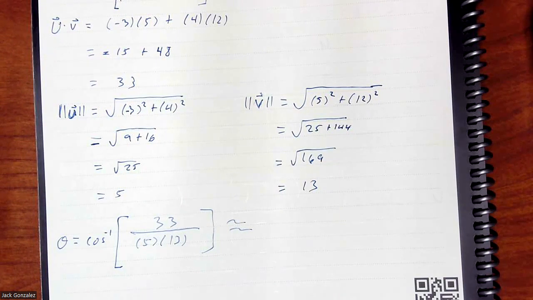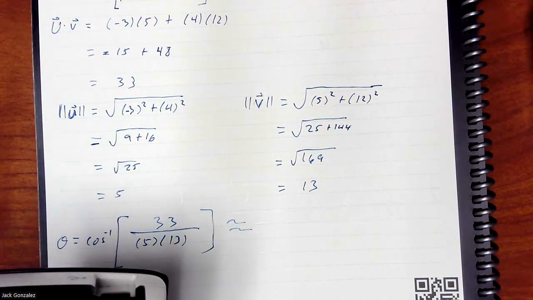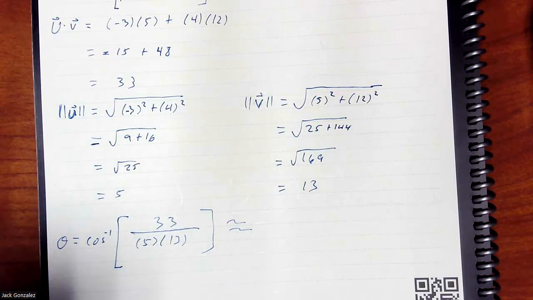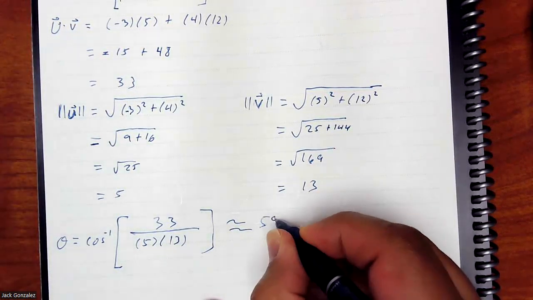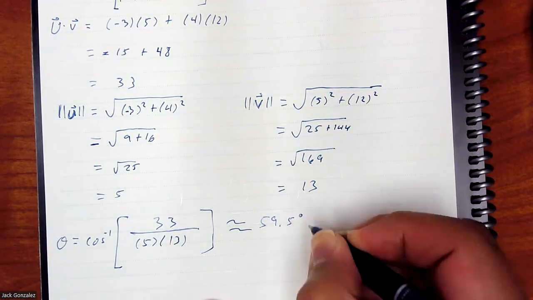You'll have an angle between both vectors. It'd be about 59 degrees. So the angle between both vectors is this.